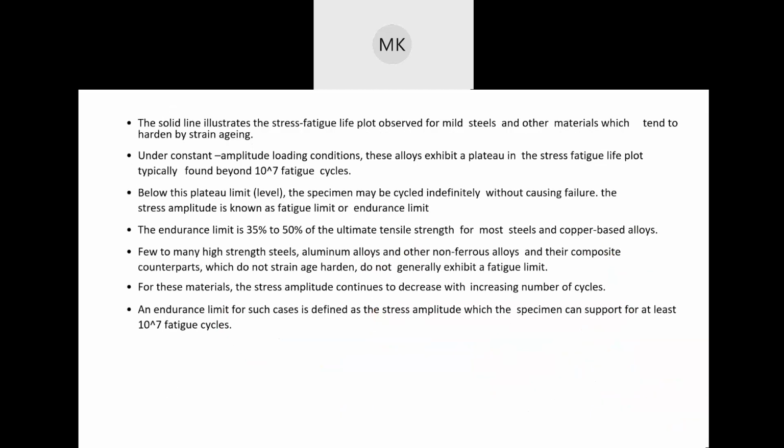Since you have no saturation happening, to find out the endurance limit or fatigue strength for a material which doesn't have saturation, the stress at 10 power 7 cycles, or 10 million cycles, gives you the endurance limit of the material.